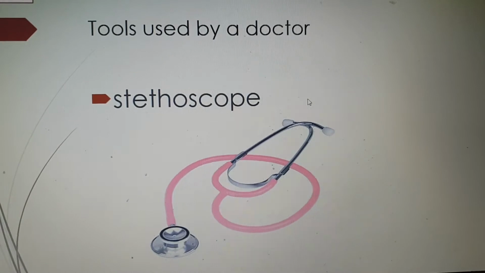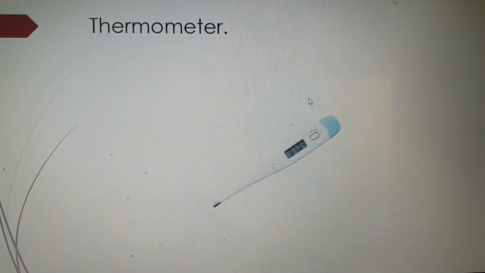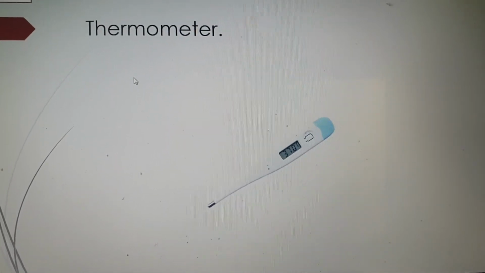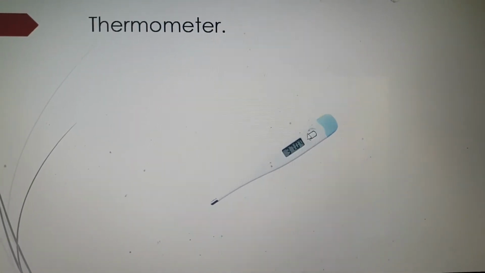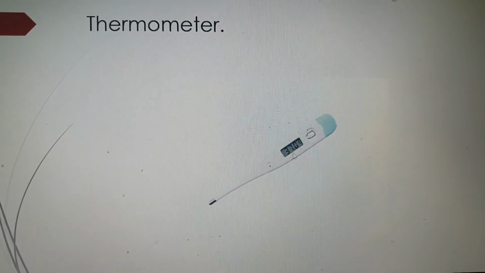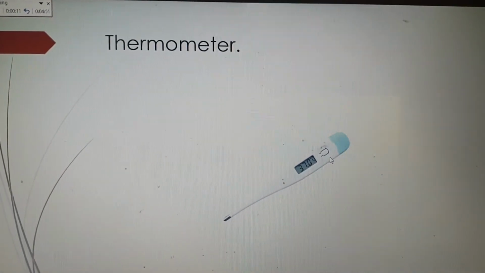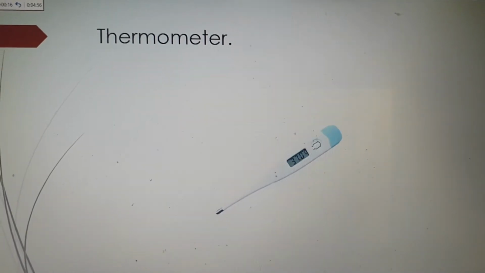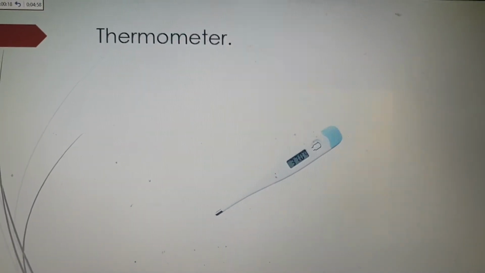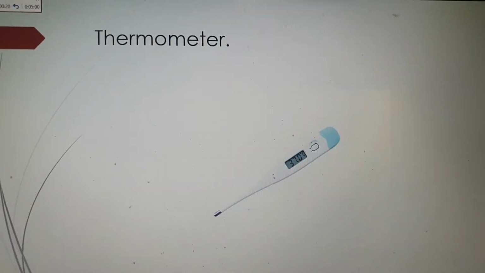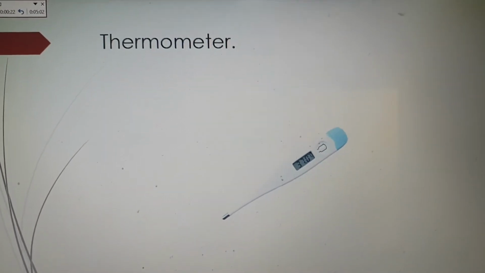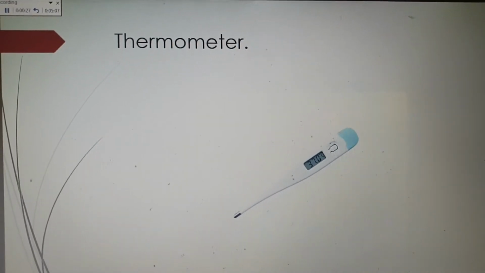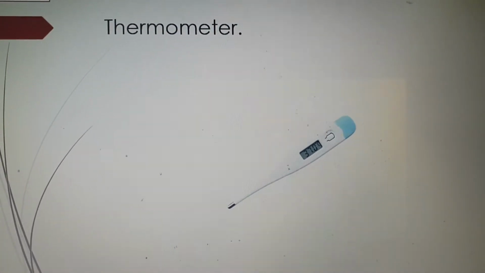Okay. Now, another tool a doctor uses is called a thermometer. Now, repeat after me: thermometer. Now, do you know this? This is called a thermometer. Now, repeat again after me: thermometer. Now, do you know what a thermometer is? A thermometer is used to check your temperature. When you're sick, when you've got a fever, when you go to the hospital, the first thing they do is check your temperature, right?